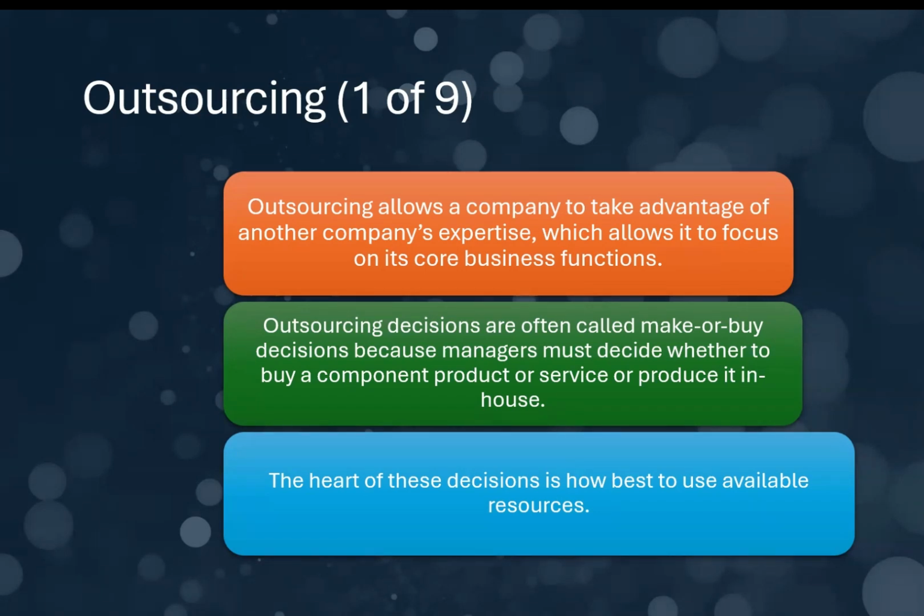Now, outsourcing decisions are often called make or buy decisions because managers must decide whether to buy a component product or service or produce it in-house. So the heart of these decisions is how best to use available resources.